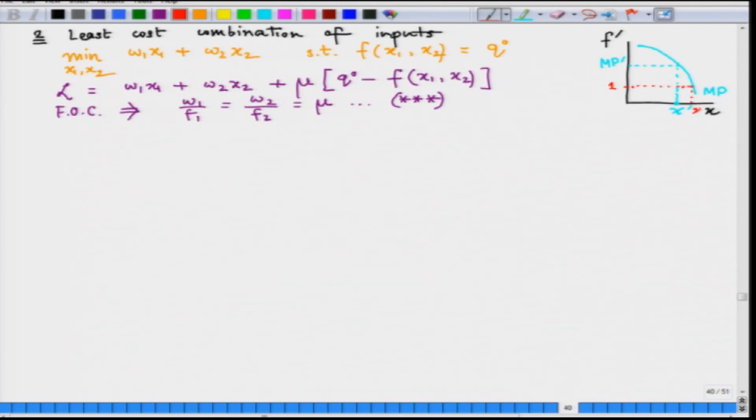So, we can say that that is an input level, say x tilde. So, this inverse of the marginal product function, which is given by 1 over f1 and 1 over f2, can be explained as the number of units of a particular input required to produce 1 unit of output only from that very input, keeping the other input fixed.